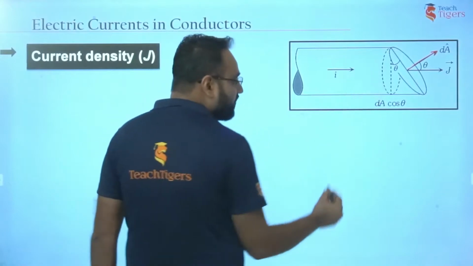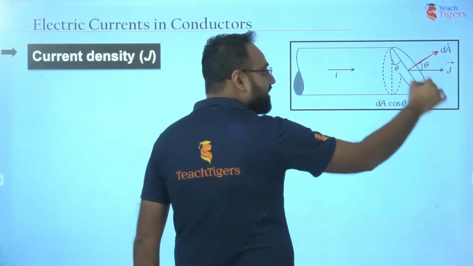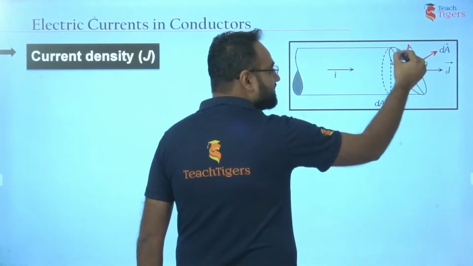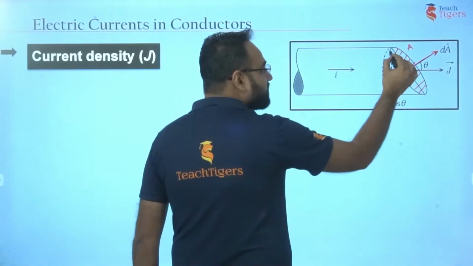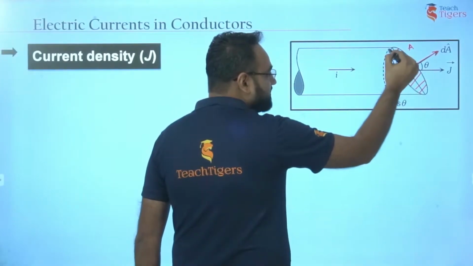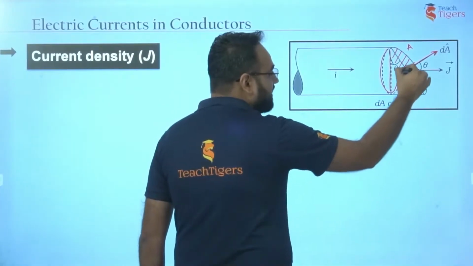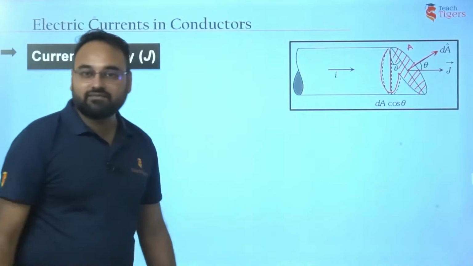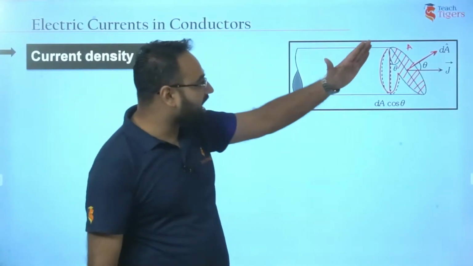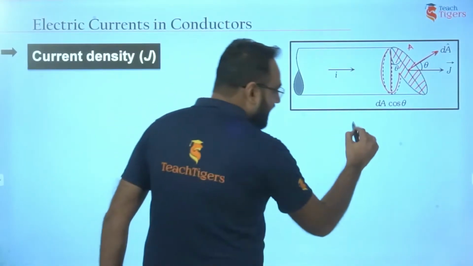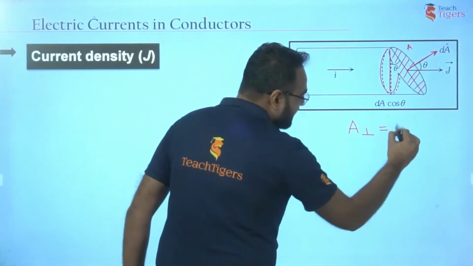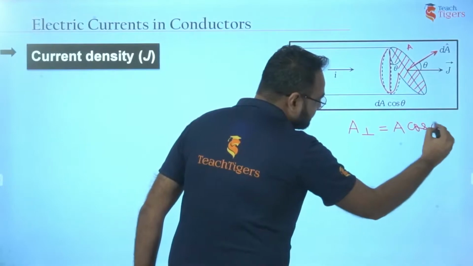I will take the perpendicular component. If this cross-section area is A, then this component of area will be A cos theta. That is A perpendicular, which is A cos theta.